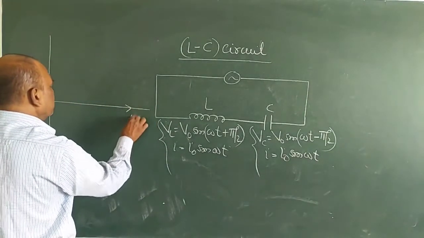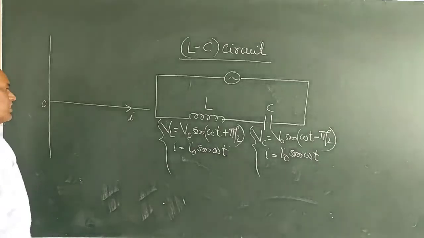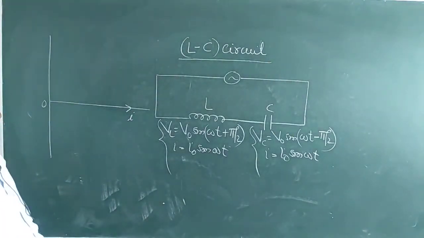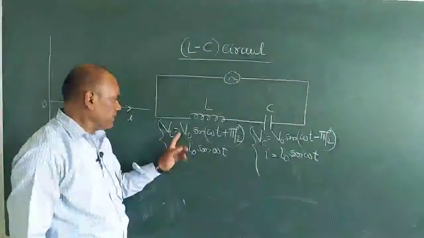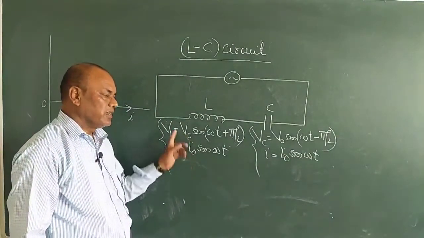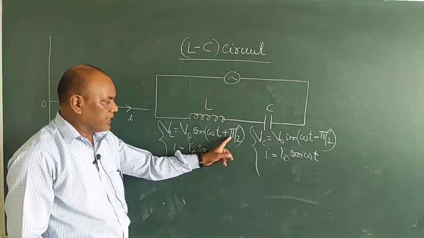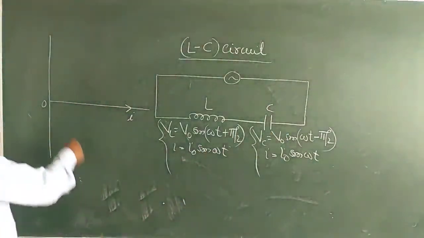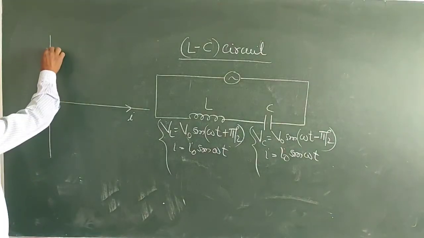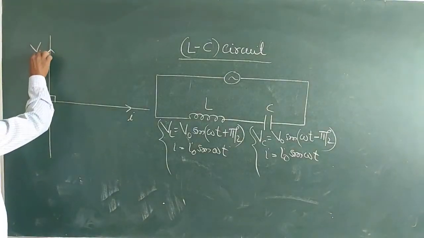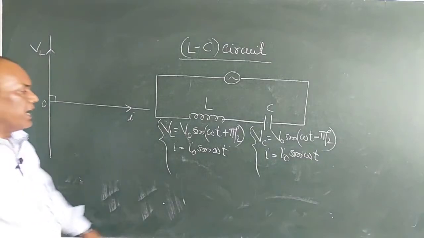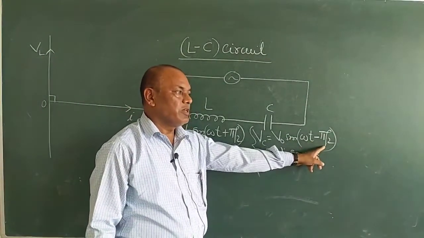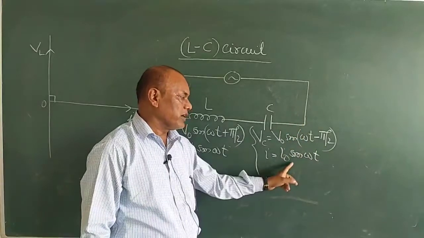Let us suppose this will be the direction of current, which is represented on the x-axis, and voltage is taken on the y-axis. In the case of the inductor, voltage leads by plus pi by 2 to the current. So this is 90 degrees, this is the direction of VL. In the case of the capacitor, this is minus pi by 2, meaning voltage lags behind the current.